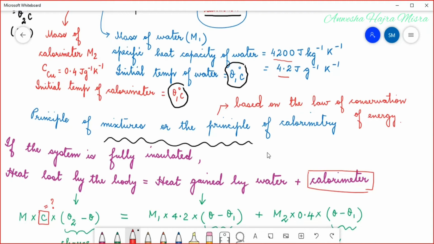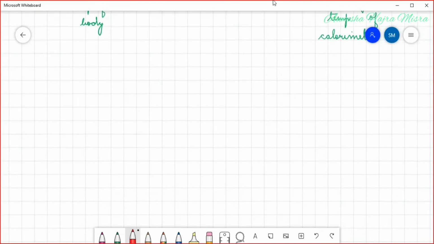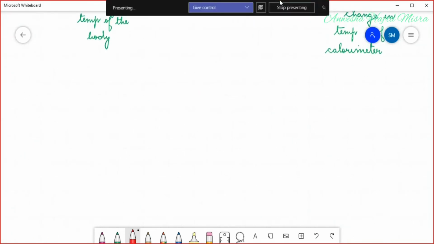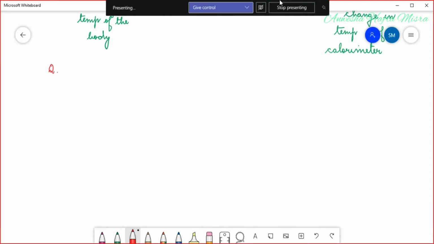Now, from here, we can get explain-why questions. Let us take a question. Hot water bottles are used for fermentation.